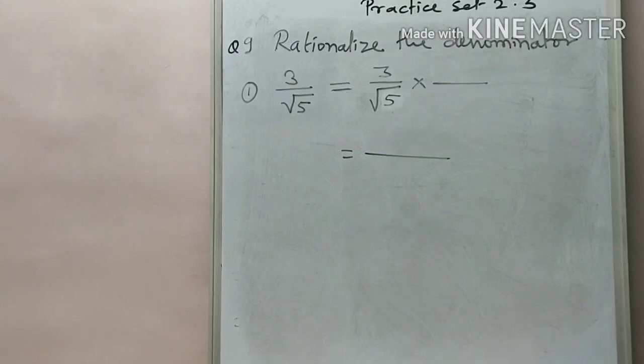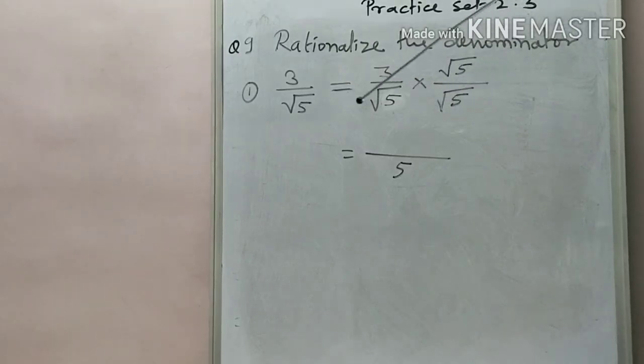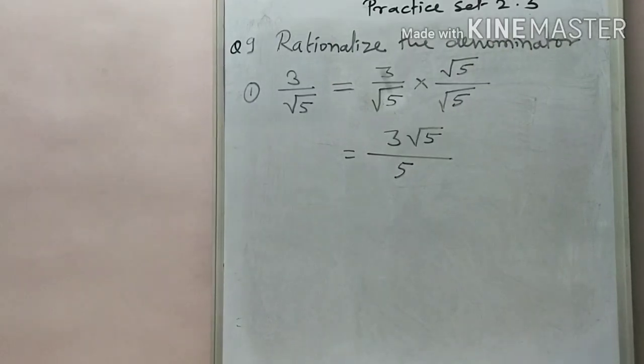As we multiply both numerator and denominator by root 5, root 5 into root 5, we know the product is 5, and in the numerator we get 3 root 5 upon that product 5. So here we rationalize the denominator. Very simple examples, a 1 mark question asked in the exam.